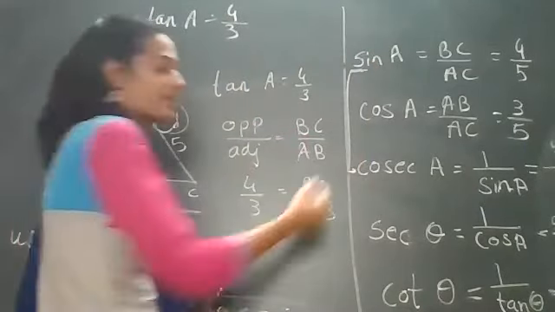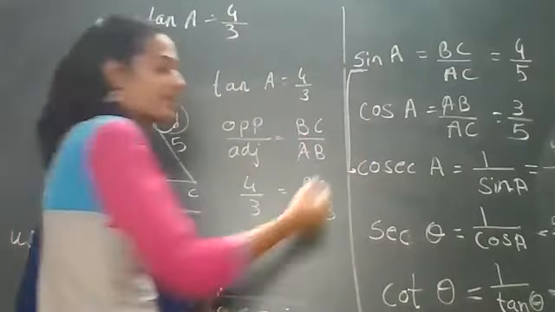So what will we do? According to the Pythagoras theorem, AC square is equal to AB square plus BC square. AB is 24 square plus 7 square. 24 square is equal to what? 576.